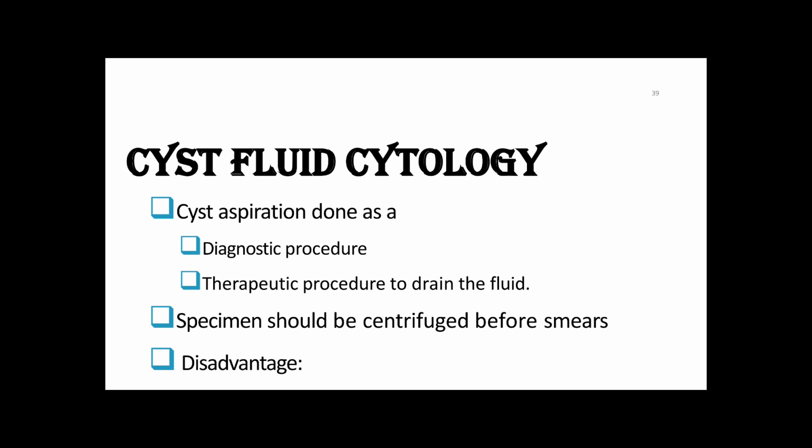Atypical cells means these cells are not the typical cells. There are some changes inside the cell: the cytoplasm, nucleus, nuclear membrane, cytoplasmic membrane, nucleoli, and chromatin. Even normal cells undergoing degenerative changes may lead to a misdiagnosis.